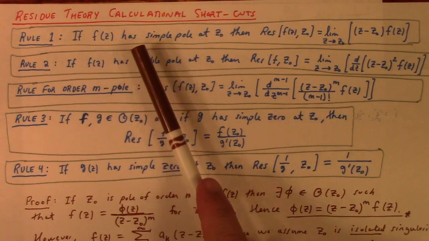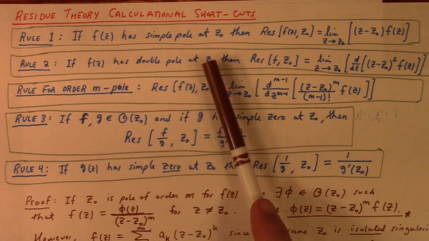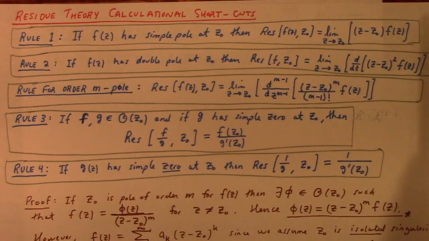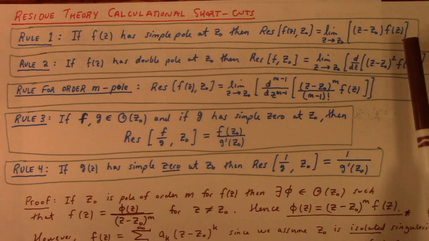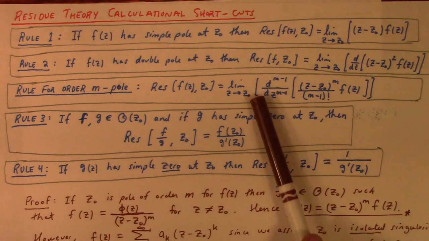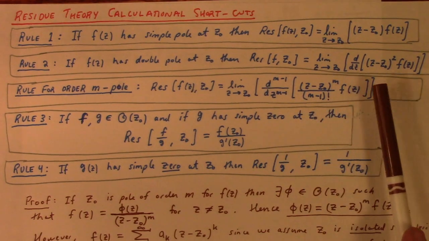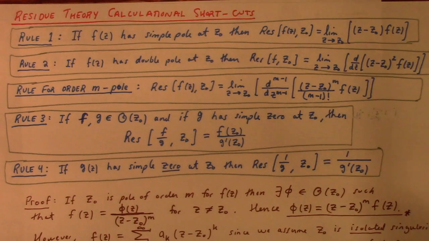Anyway, so rule 1 and rule 2. Rule 1 is really the m equals 1 case, this is the m equals 2 case. Notice when m equals 1, there's no derivative, and then m minus 1 is 0, and 0 factorial is 1.